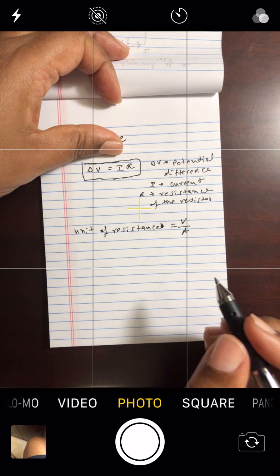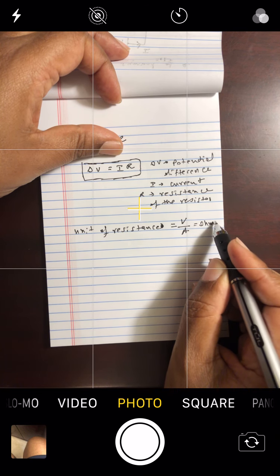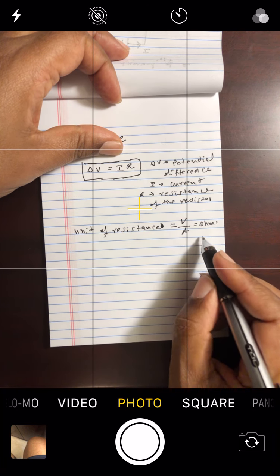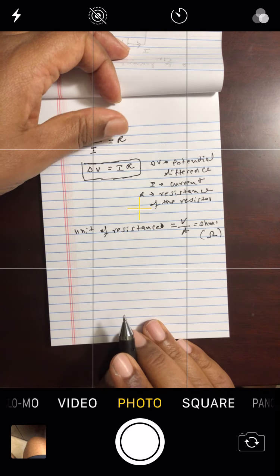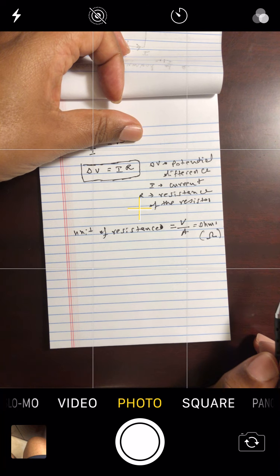This is defined to be ohms, and the symbol for ohms is omega. So the unit of resistance is ohms, or we can use the symbol capital omega to represent it.